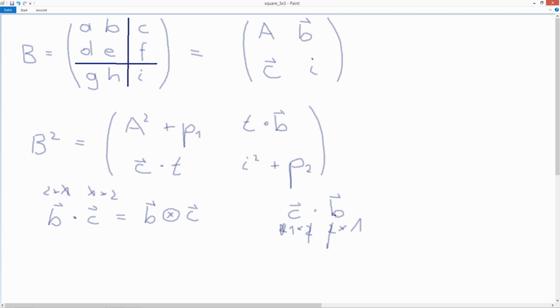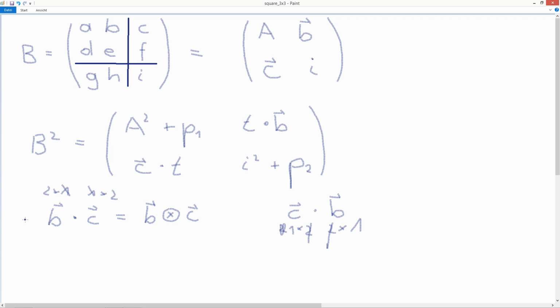Now it should be easy to see which of these two products is P1 and P2. P1 has to be a matrix, because A squared is also a matrix, and this sum here has to make sense. So P1 has to be a matrix too.